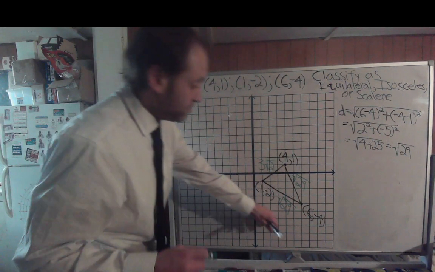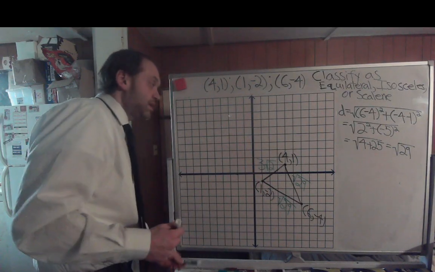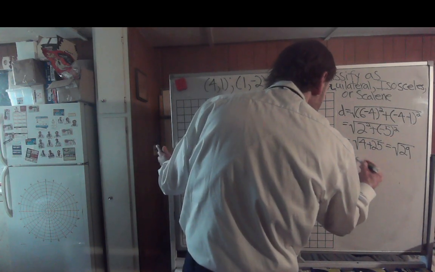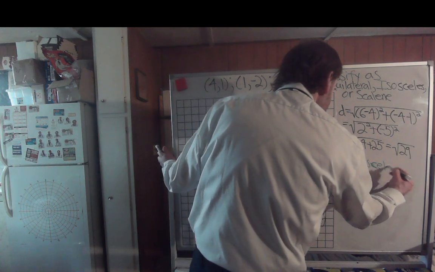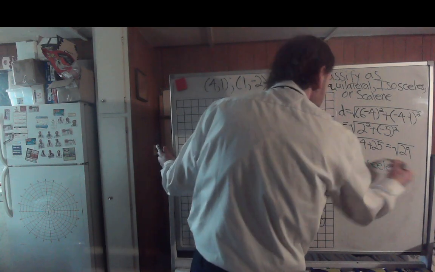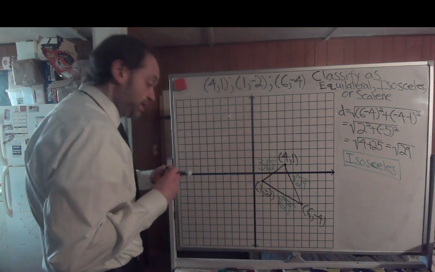So you have two sides with the same length. That means, therefore, this is also isosceles. We have an isosceles triangle since two of the sides have the same length.